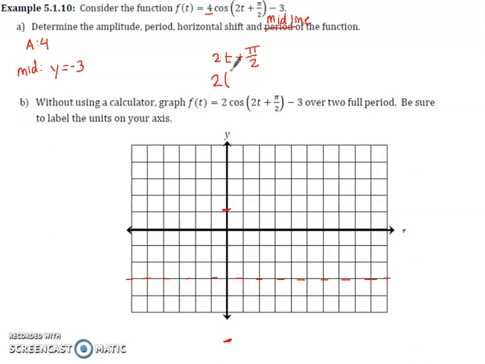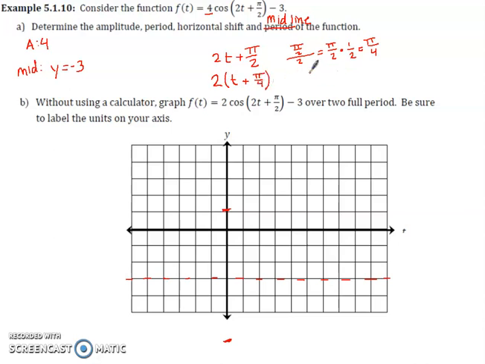So factoring out a 2 from 2t, when I divide 2t by 2, I get just t plus, and then factoring out a 2 from pi over 2 means that I need to take my pi over 2 and divide it by 2. Or in other words, I multiply by the reciprocal, which would be 1/2, which leaves me with pi over 4. So when I factor out a 2 from pi over 2, I'm left with pi over 4.